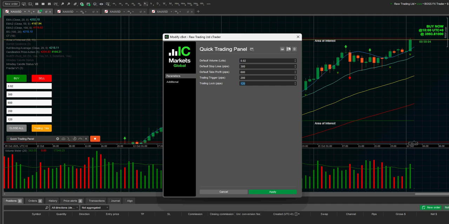So what do you mean lock pips, guys? If you're in a trade, the stop loss is a fixed one, right? So it will not move. And then what happens is, if your gain reaches 200 first, after that there will be a lock of 120 pips. So it's about protecting your gain.